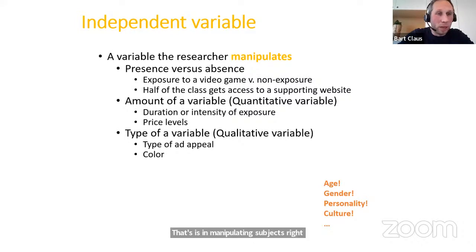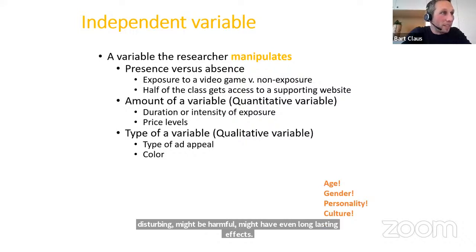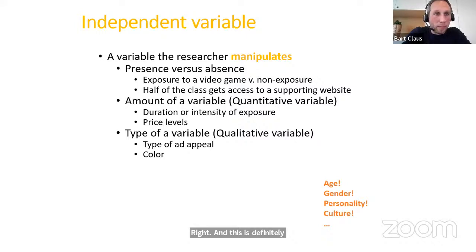Especially if we talk about manipulating the environment of people, some of those manipulations might be stressful, might be disturbing, might be harmful, might even have long-lasting effects. This is definitely something that we should consider: whether the potential benefits of running that experiment outweigh the potential harm that the experiment might create.